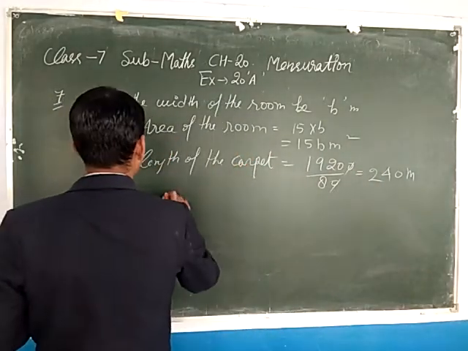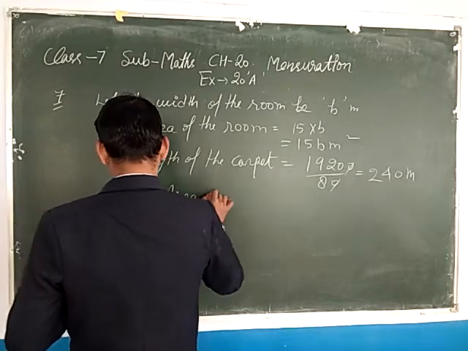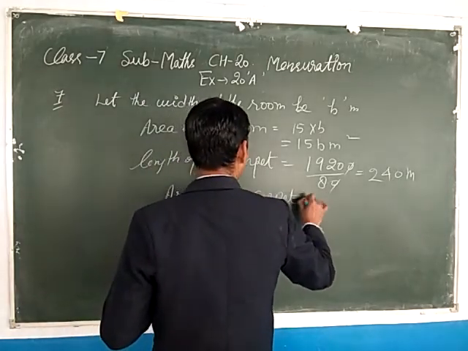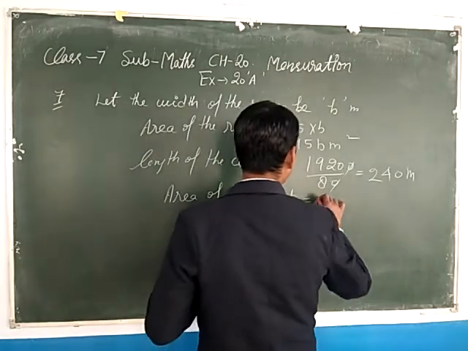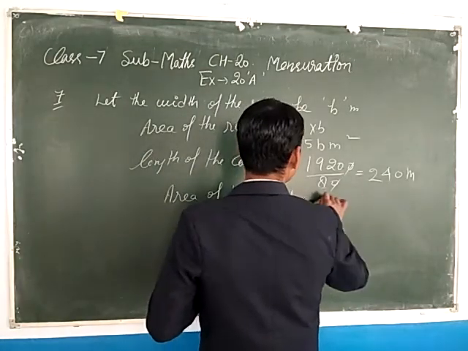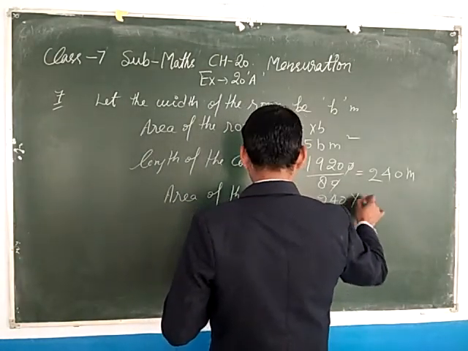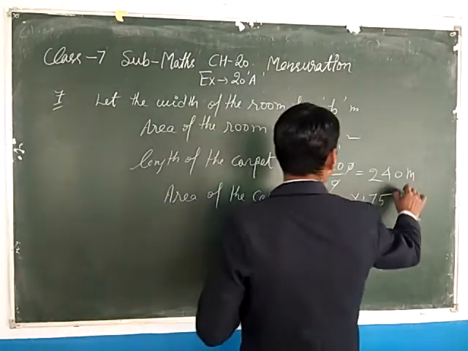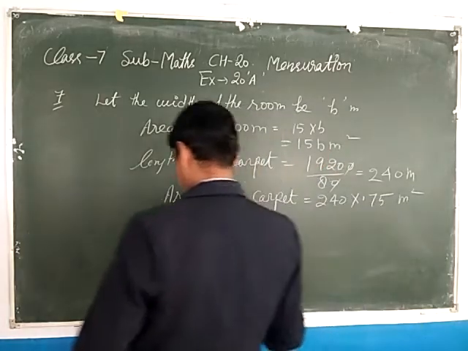Okay beta? Then area of the carpet equals, you know very well, length multiply breadth, and length is 240 meter and breadth is 0.75 meter square.